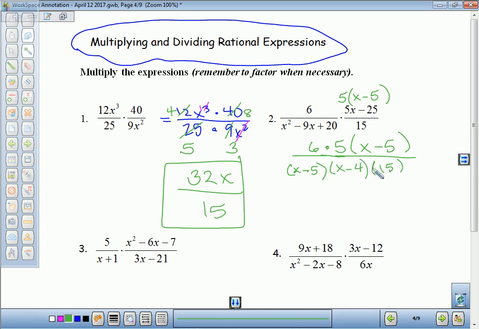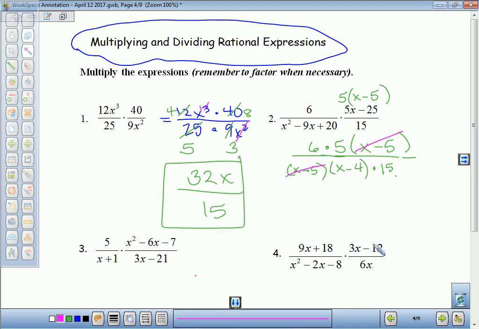And what we had here was a 15. Now I could just put a dot for times, or I could do parentheses, or I could do nothing, because when they're side by side it means times. So now I've completely turned everything into multiplication. It's factored completely, and now I can start reducing or canceling. So I see we have this factor in common for the numerator and denominator.